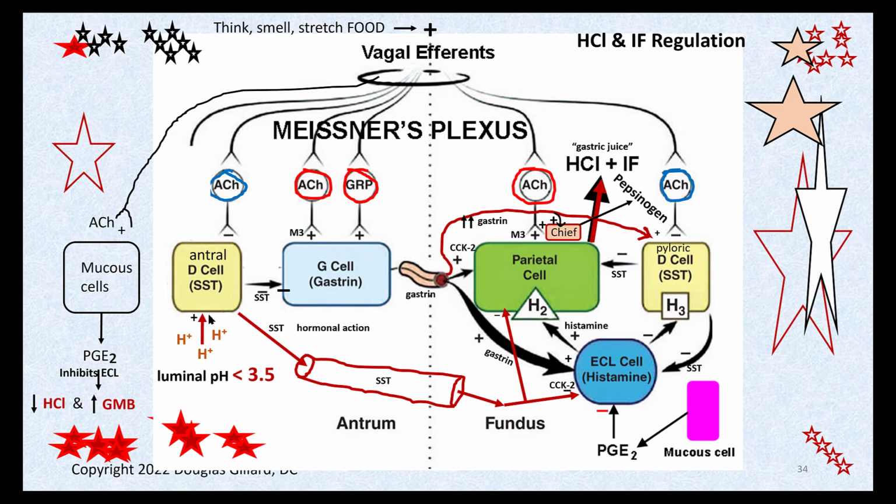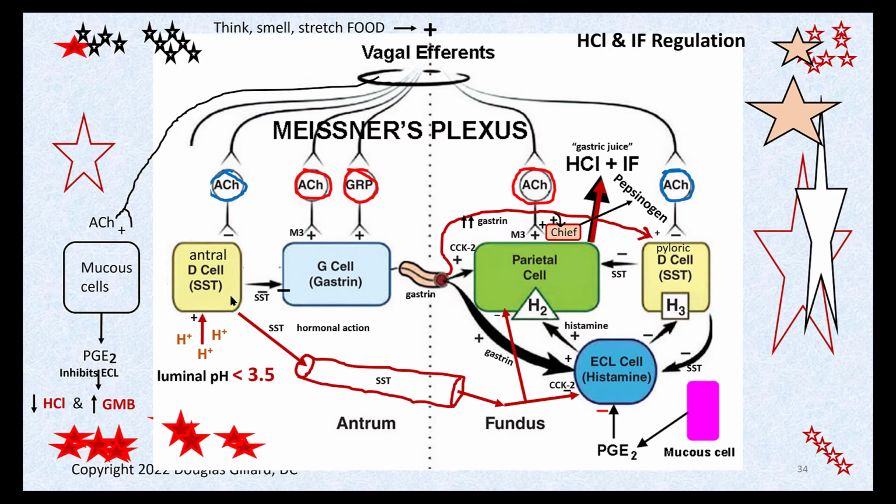These have little snake tongues, little receptors that float in the lumen of the stomach, within the gastric mucosal barrier actually, and they're tasting for hydrogen ion. When hydrogen ion gets too much, these wake up, and the acetylcholine effect is by now turned off because once the machinery gets going, the acetylcholine stops flowing, and the D cells produce somatostatin, SST.